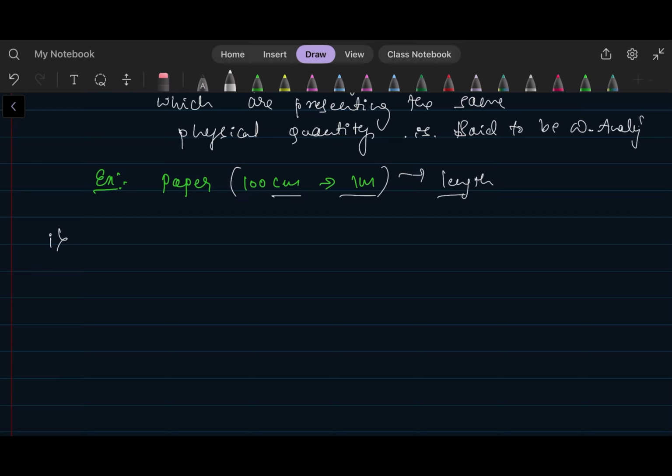For example, before solving the question we should be aware of some basic things like SI units we know: length, meter; mass, gram, kg.